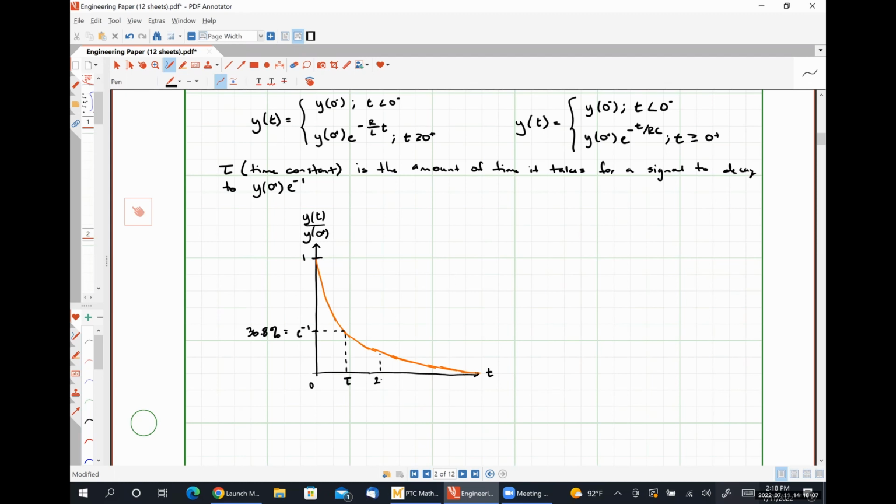At exactly 2 time constants, we'll have a value of e to the minus 2, which is 13.5% of the initial value. Come here, we'll have 3 time constants. Running out of room here.